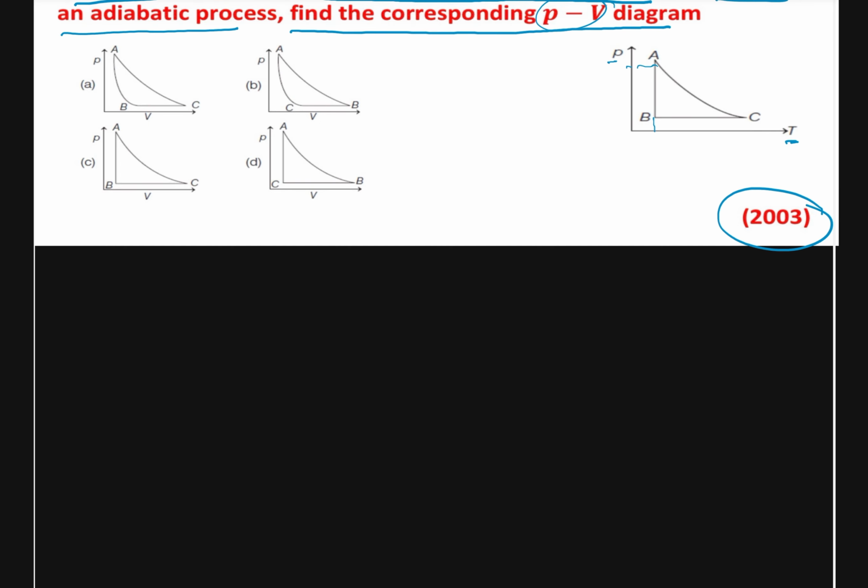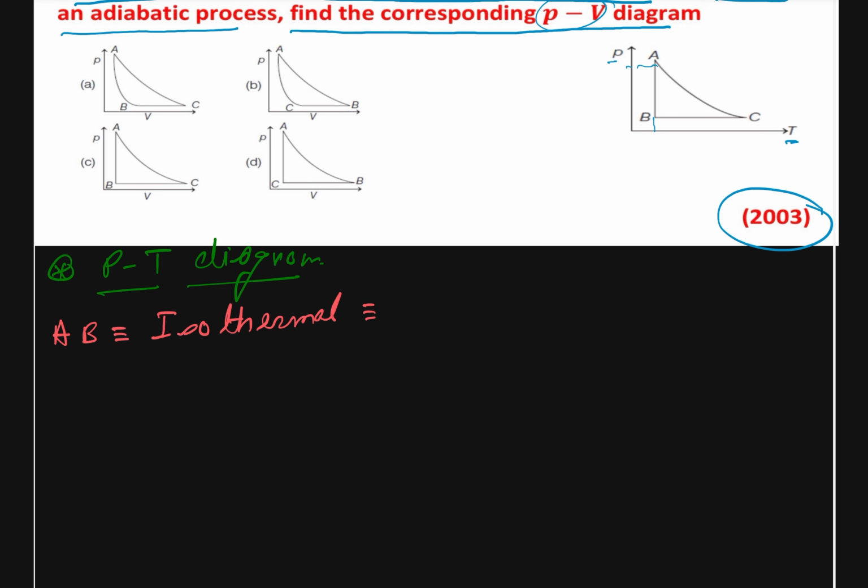So we start with a PT diagram, and in the PT diagram we know that AB is isothermal.